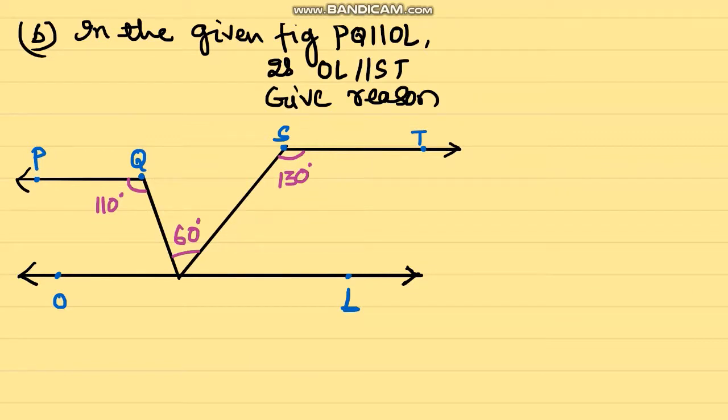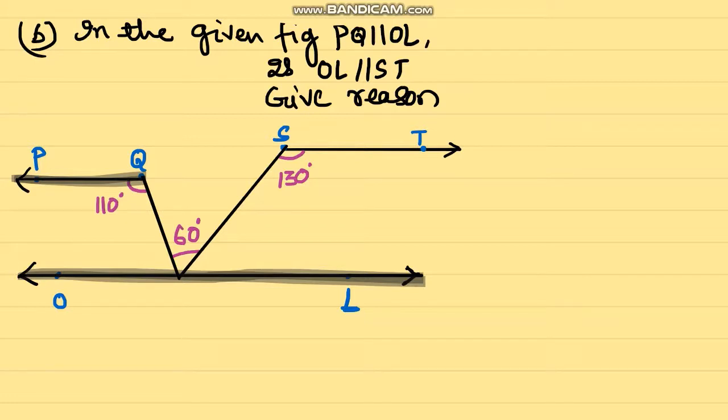In the given figure, PQ is parallel to OL. See children, this is PQ and this is parallel to OL. Okay, PQ is parallel to OL. So we have identified. Now is OL parallel to ST?